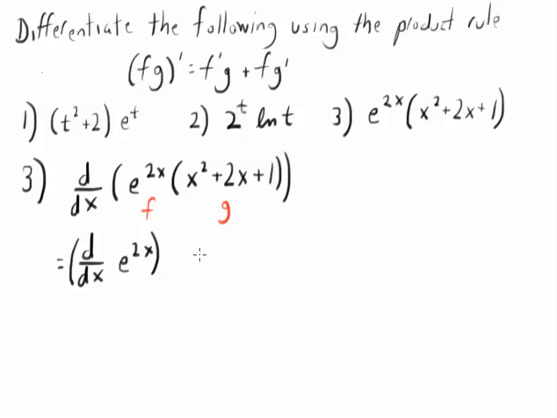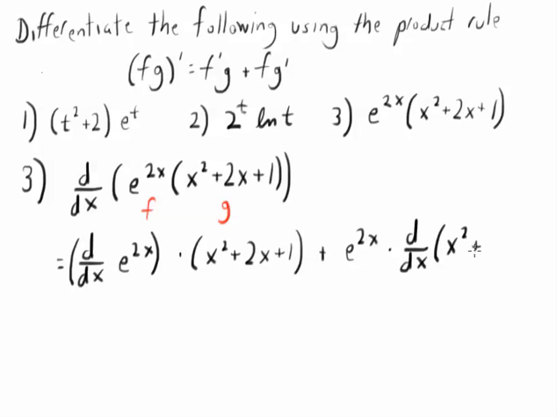So we're going to have that derivative. Here's our second term. Plus our first term, first function, times the derivative of the second function. And again, in red, here's my f prime, g, f, g prime.